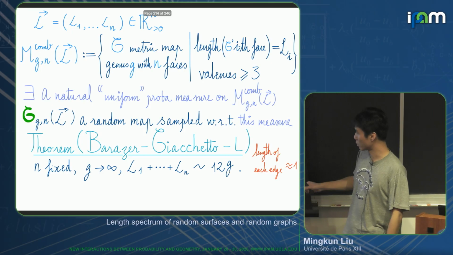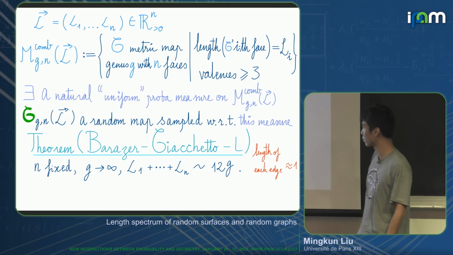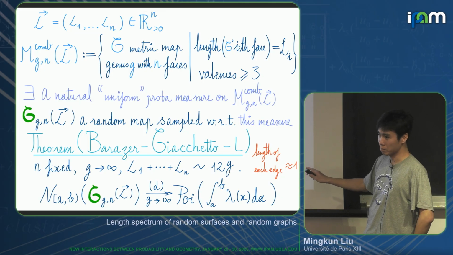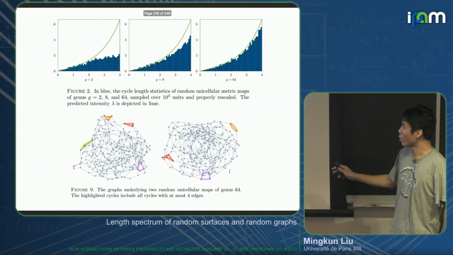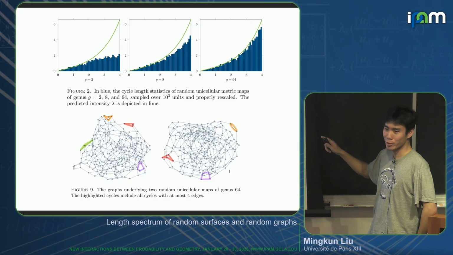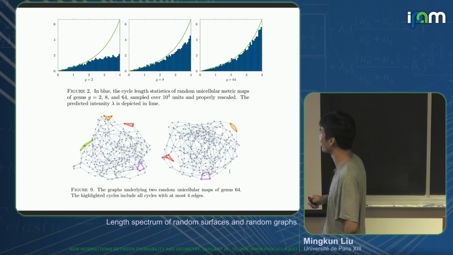Another way to put it is that the length of every edge is more or less 1. And in this case, you recover the same result. And just one word: this theoretical prediction has been confirmed experimentally, by some numerical simulation.